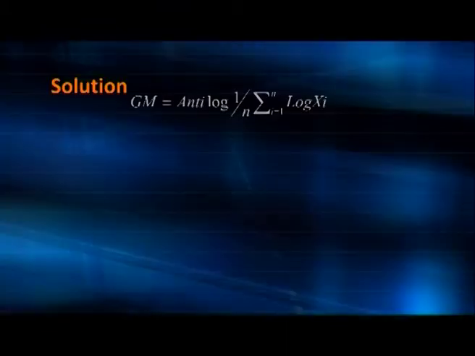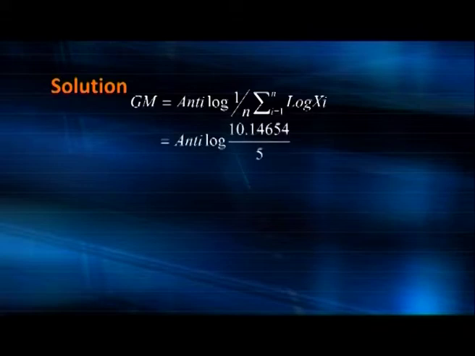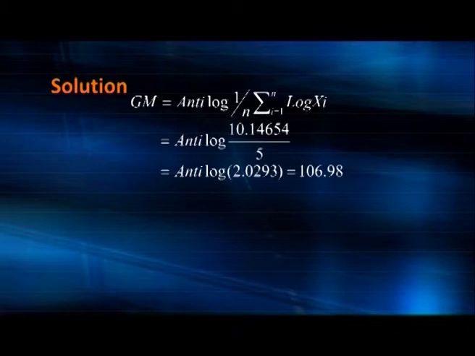Substituting the values, we get geometric mean is equal to the antilog of the total of logarithm of the x variables, that is 10.14654 in this case, divided by 5, the total number of the data, which is equal to antilog of 2.0293, which is equal to 106.98.